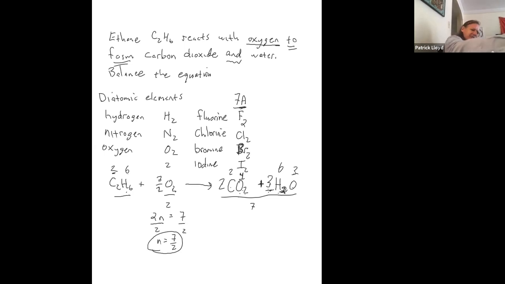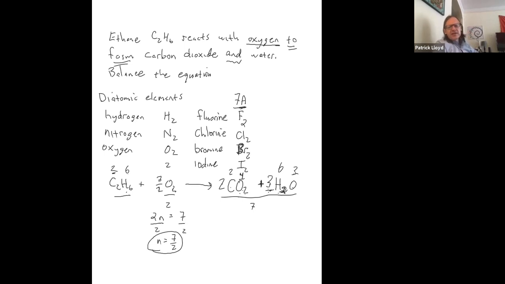But it turns out chemists use fractions all the time for coefficients. But in any case, since you're doing your homework on Alex, you kind of want to get the right answer and you don't want to get frustrated by Alex. So there's one more step to resolve that issue. And that is to eliminate the fraction and make everything whole numbers, okay?